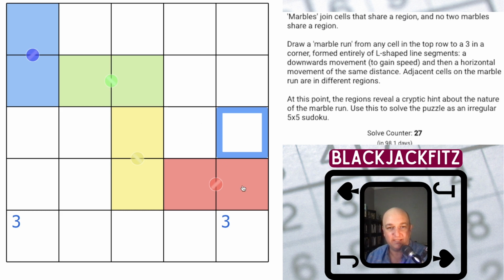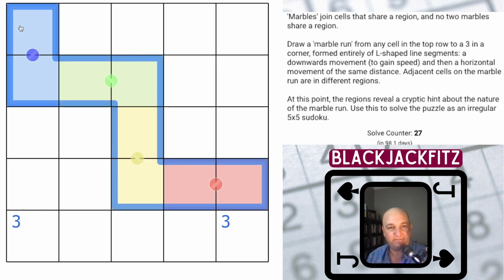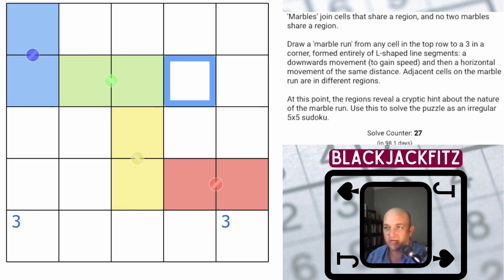Right. So I think I can leave all of these notes that I left in because I think they were all correct, as far as these have to be in the same region.